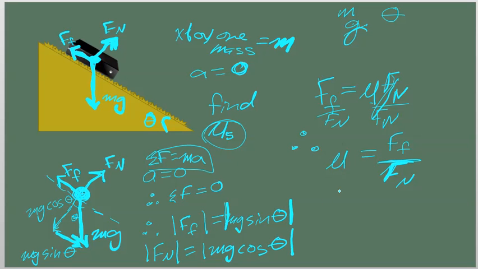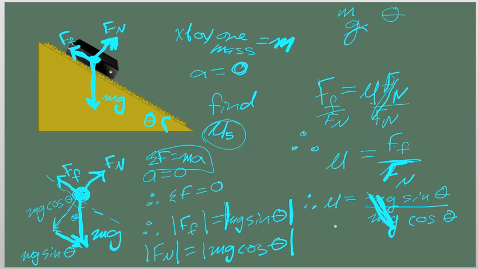All right, and we can just go up here and put that all together. So here you can say, therefore, mu is equal to weight sine theta over weight cosine theta, and your weights just cancel out and you're left with sine theta over cosine theta.